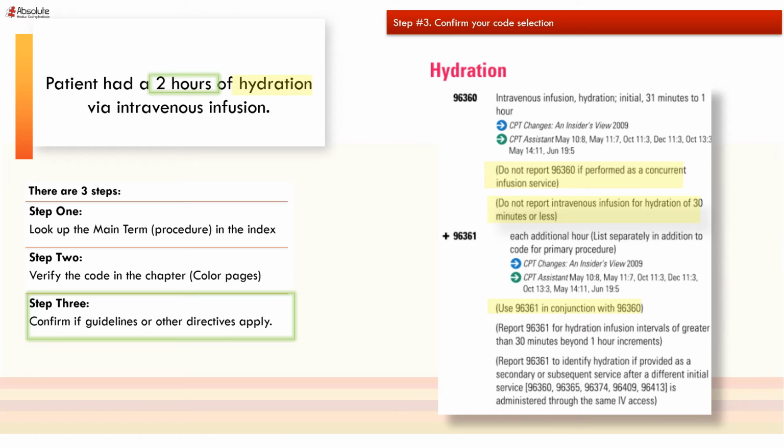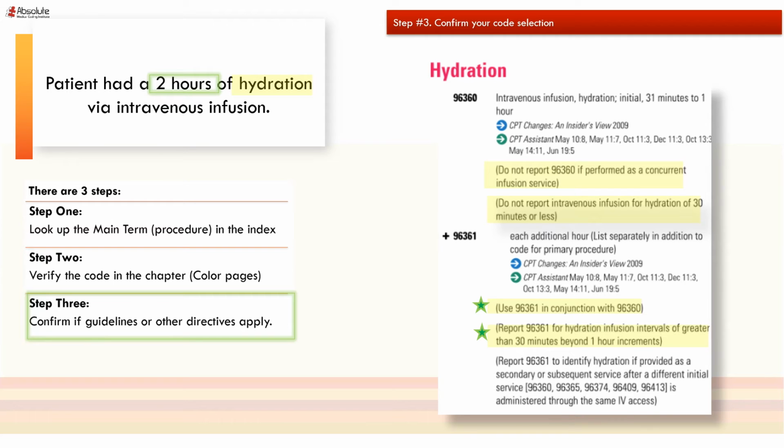Going down to our parenthetical guidelines under 96361, it says to use 96361 in conjunction with 96360. Check, that one directly applies. It's just confirming we can use these two codes together. The second parenthetical guideline says to report 96361 for hydration infusion intervals of greater than 30 minutes beyond 1 hour increments. That one applies too. It's telling us anything greater than 30 minutes beyond 1 hour we would report.